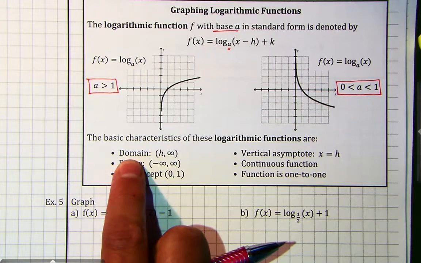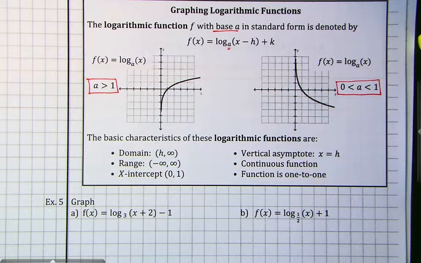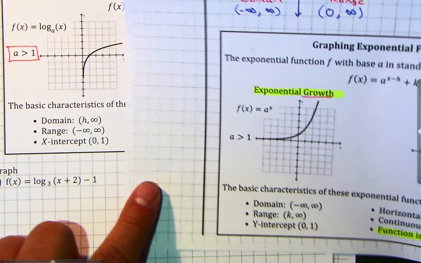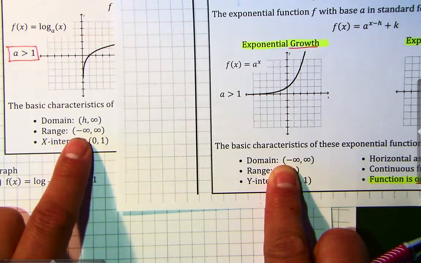The domain, notice that before in section 6.2, for the exponential growth, that was your domain, and now it's your range.